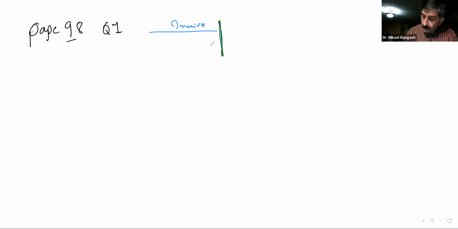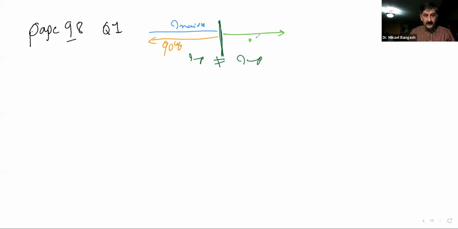They didn't specify the angle, but there's going to be a difference of impedance between these two media. And 90% was reflected, so they just ask what is going to be the percentage transmitted?